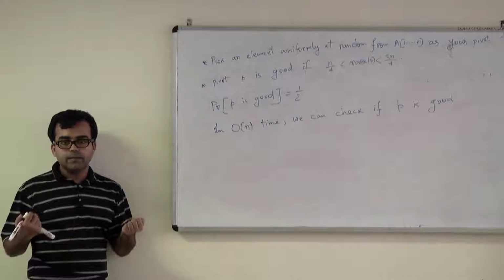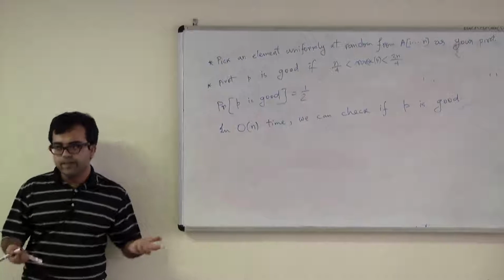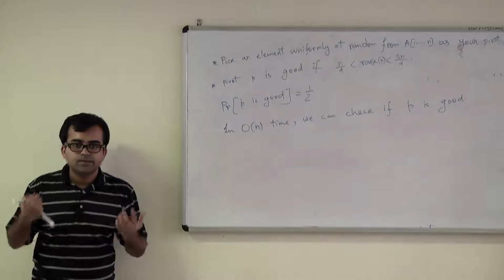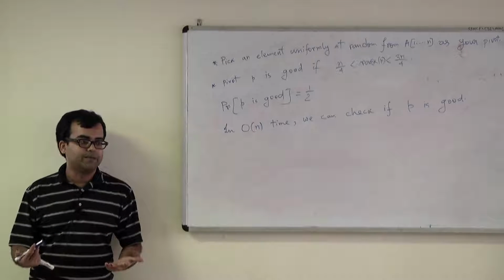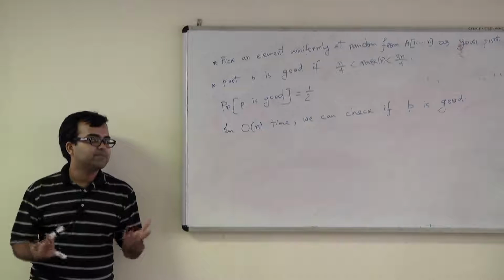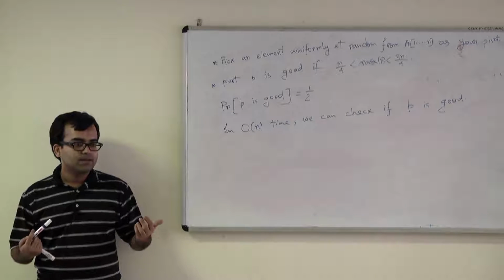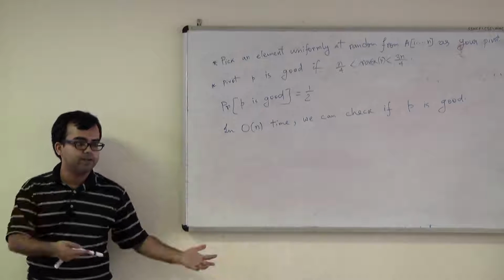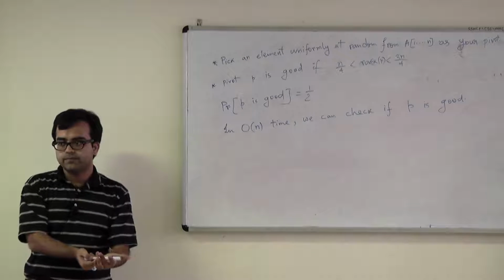If a head was coming up with probability 1 over 10, then in expectation you will need 10 coin tosses to see one head. That's intuitively the meaning of probability: out of X coin tosses, you expect half of them to be head. So out of 2 coin tosses, you expect one of them to be head.